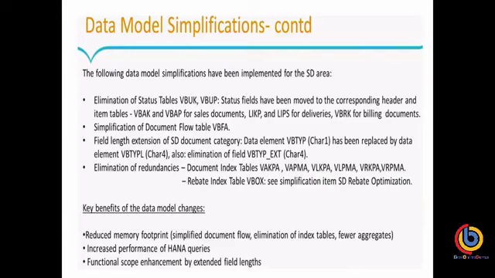Because of this redundancy removal, we get a reduced memory footprint, simplified document flow, elimination of index tables and aggregates, increased performance of HANA queries, and functional scope enhancement through extended field length. On field length extension: we have seen 18 characters for the material master earlier. Now it has been extended to 40 characters.